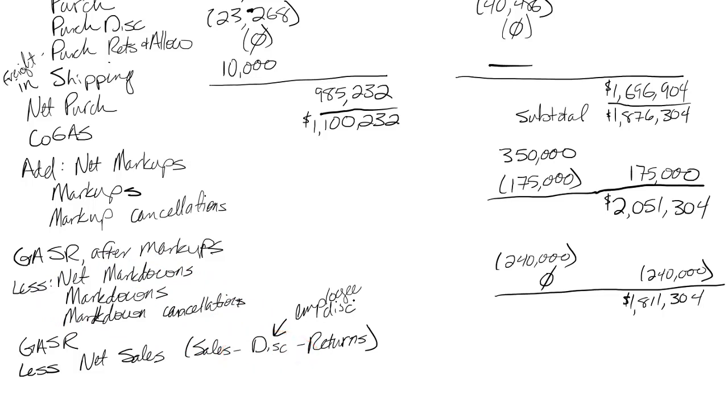We weren't told about any employee discounts in this case. We don't have a discount or return number. All we know is we were told our net sales was $1,560,000.